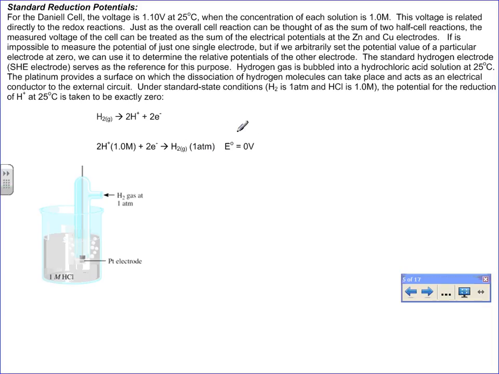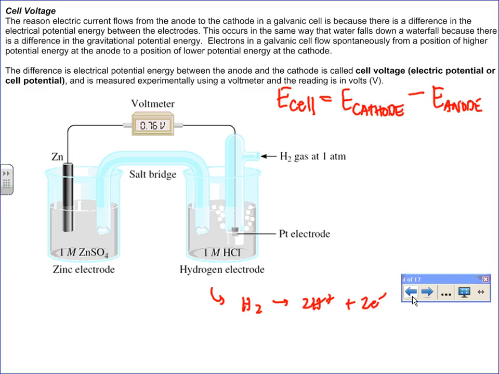We've assigned this a potential of 0, and we've used it to create a table of standard reduction potentials by putting everything relative to this particular cell.